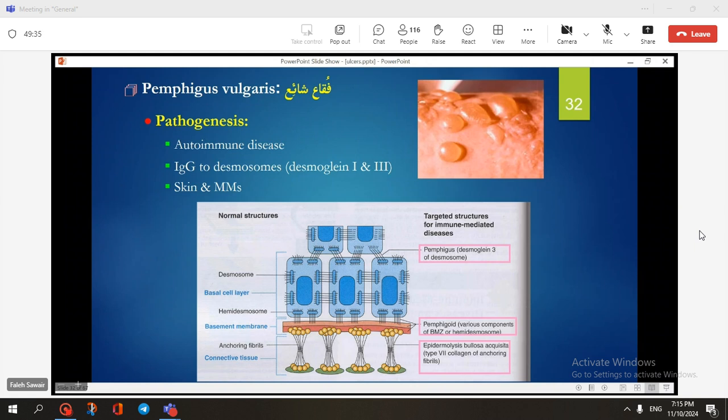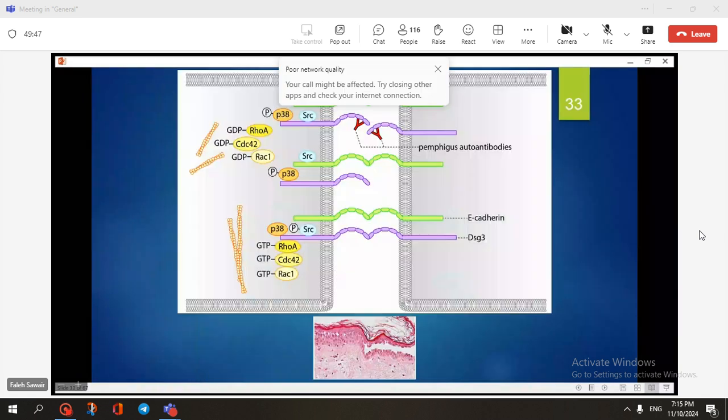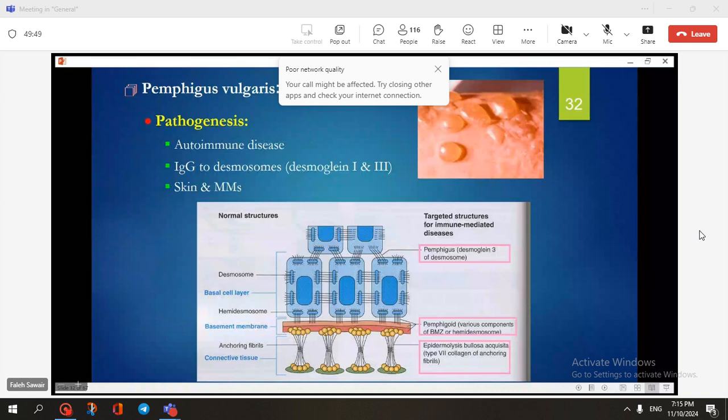Pemphigus is intraepithelial. It is an autoimmune disease where there are antibodies attacking the attachment of the epithelial cells with each other. So there will be vesicles, as you can see, inside the epithelium. So it is superficial. It will rupture and cause ulcerations.